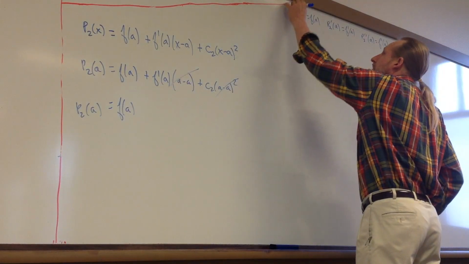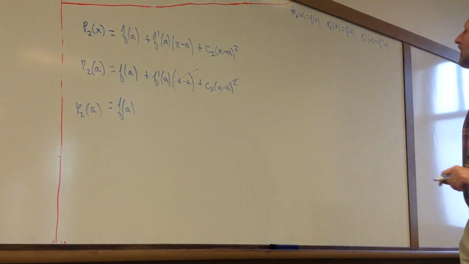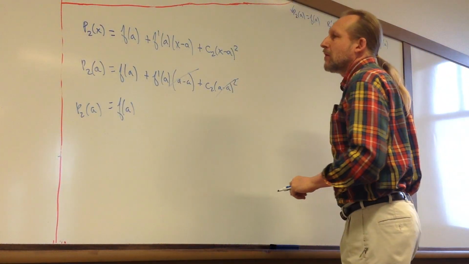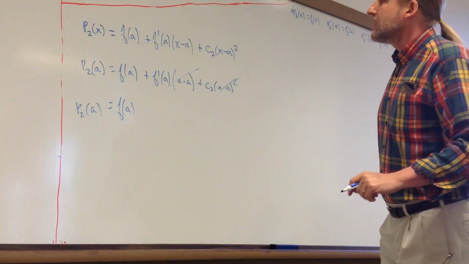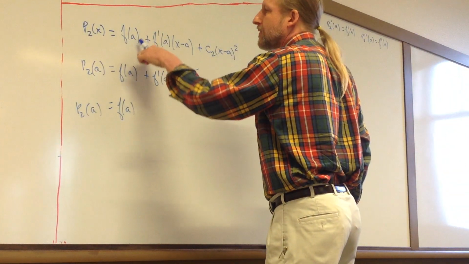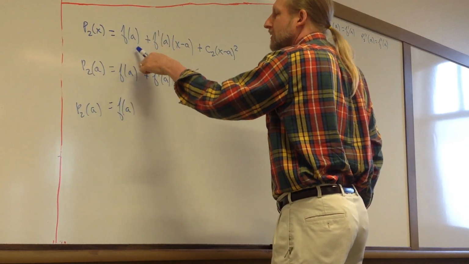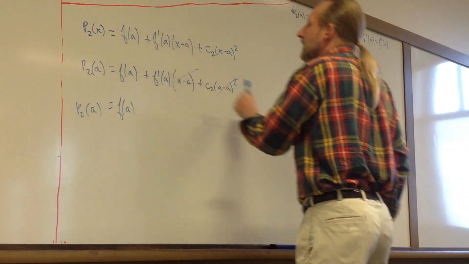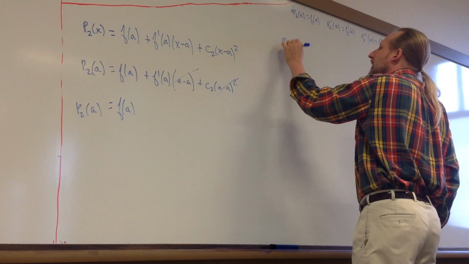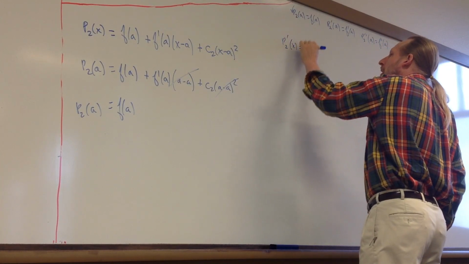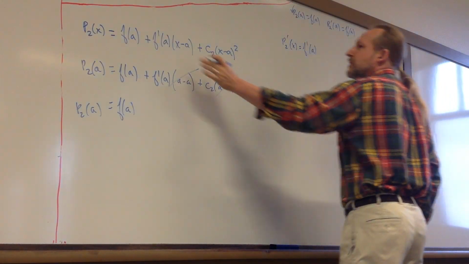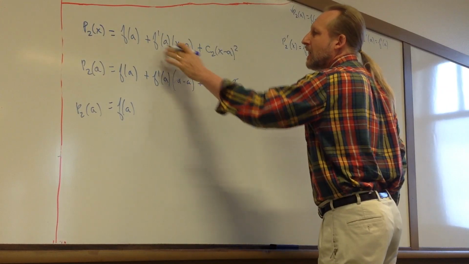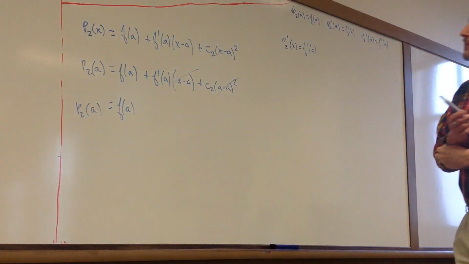All right, so that's good. Now P2 prime. We know that when we take the derivative, this is a constant term, so that's going to go to 0. Here, we're going to get f prime at a because that's the coefficient for this x term right here, and then we'll get another 0 there.